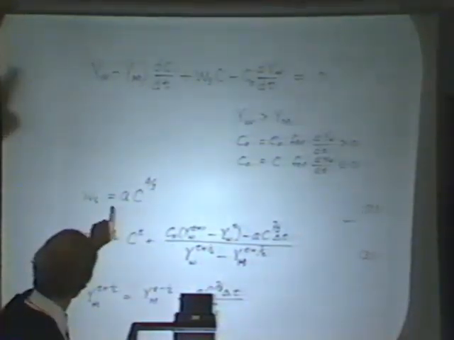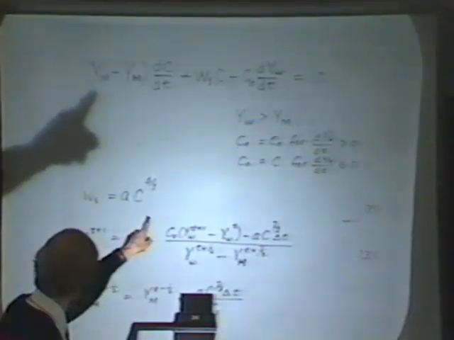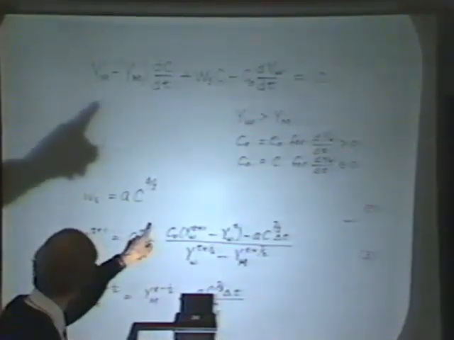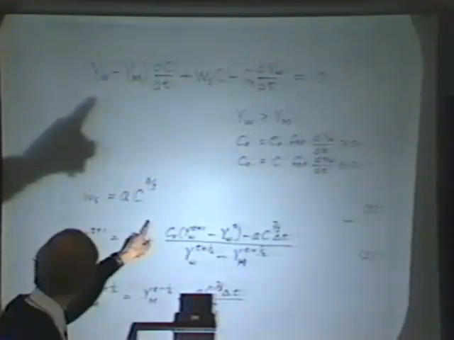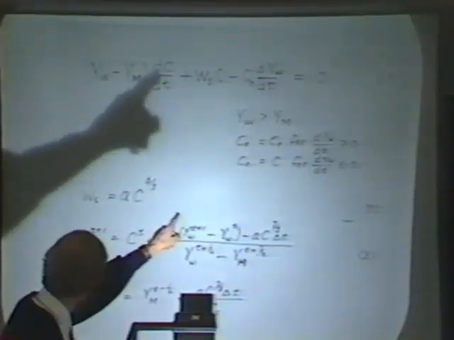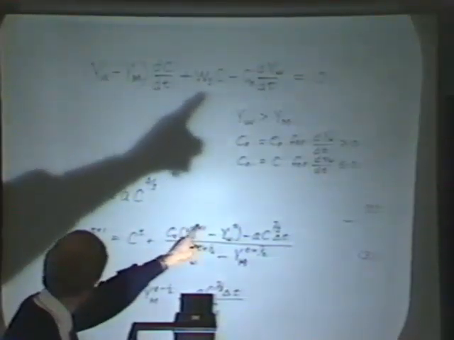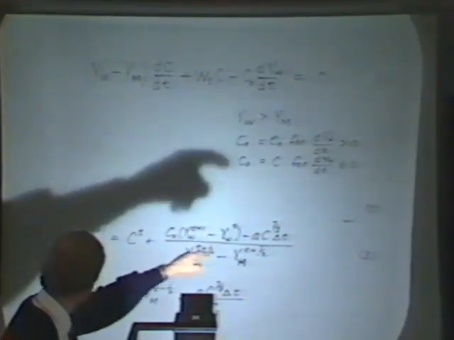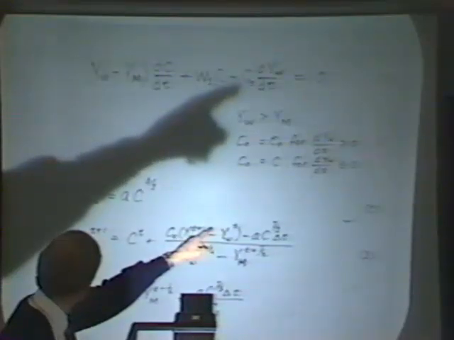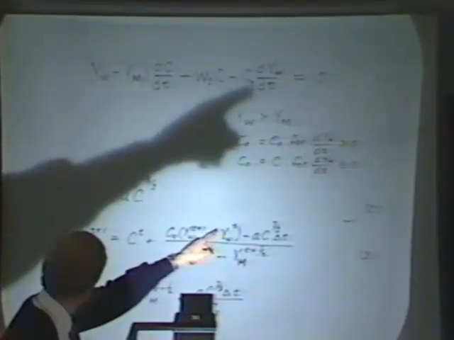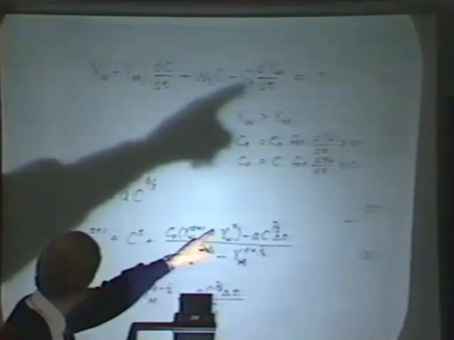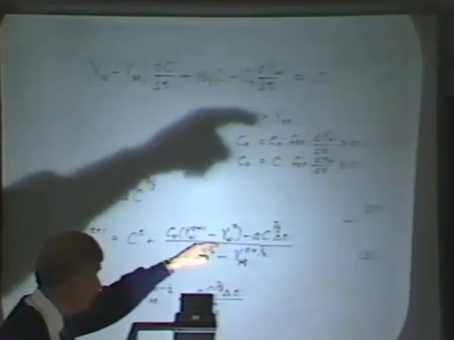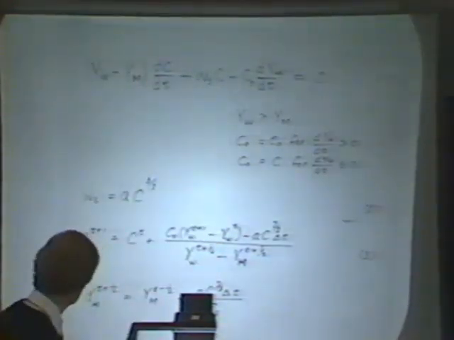So this is just a mass balance of the water, the amount of water going in and the change in concentration in that water. Settling velocity times concentration is the flux, and this is the concentration times the change in water elevation. That's the amount that comes in or goes out.